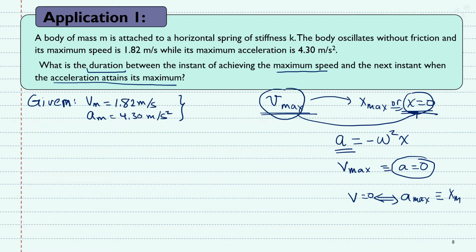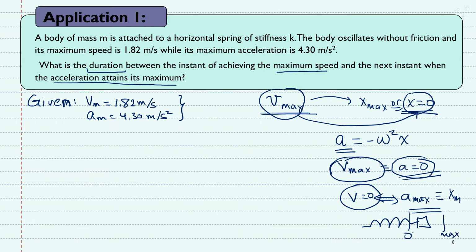So now we need to find the duration between v being maximum and v being 0, or simply a being 0 and a being maximum. That is, if this is a spring, and it needs to oscillate from 0 to max, the duration from here to here is nothing but a quarter of a period.